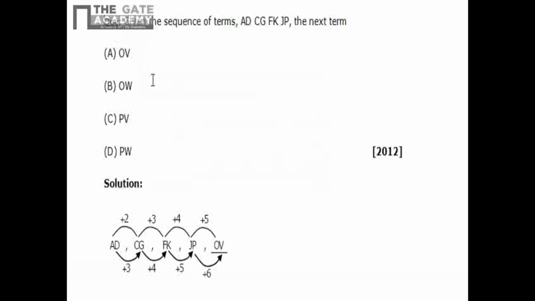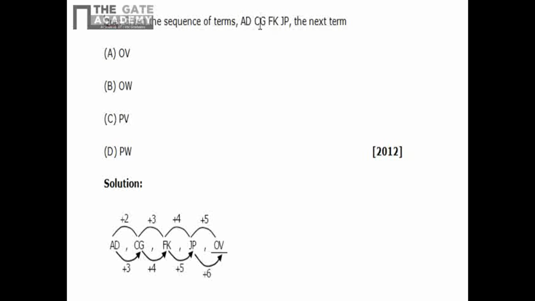Now we'll see some GATE questions. This is one of them. This question was asked in 2012. Given the sequence of terms A, D, C, G, F, K, J, P, the next term is? So you have to decode the logic. What is the logic in the series?